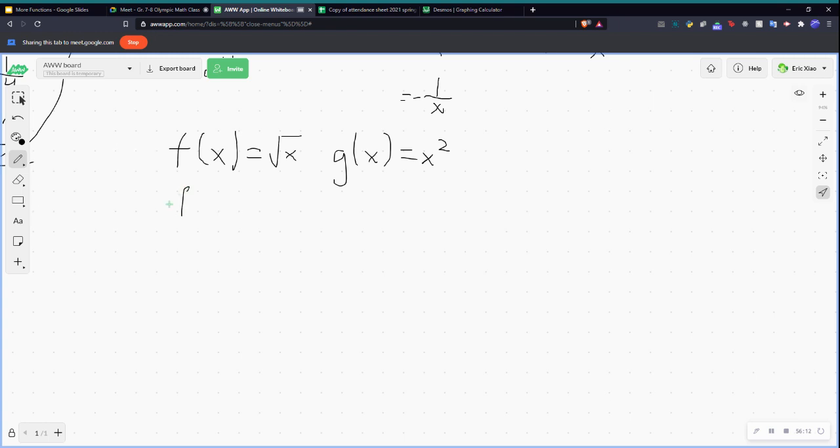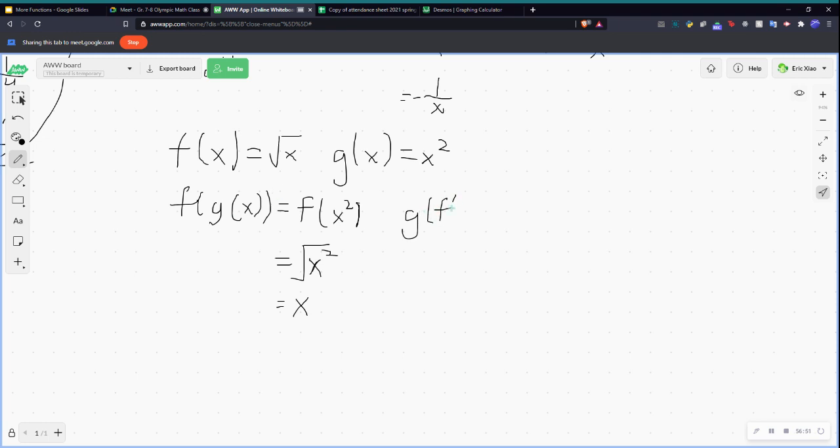We have f of g of x, which is f at x squared. We're just substituting x squared into f. Then you substitute this x squared into whatever f of x is, which is the square root of x. So we're taking the square root of x squared. If you take the square root of a square, you're basically getting rid of that exponent 2. So we're just left with x. That's f of g of x.